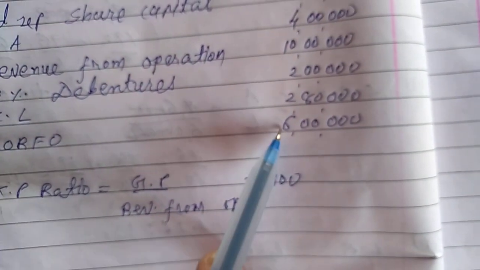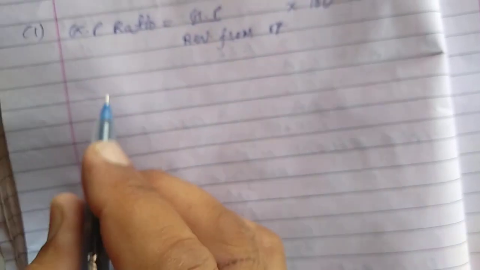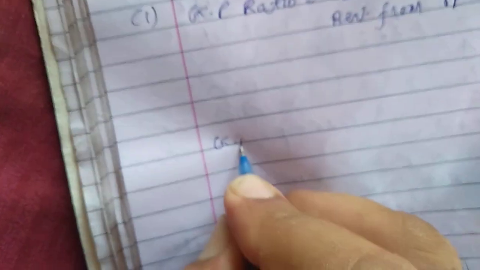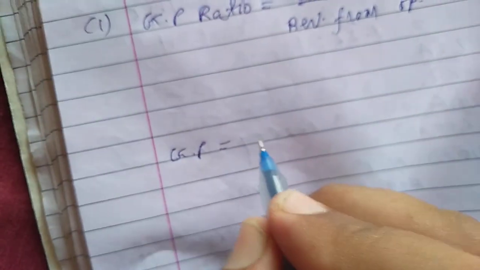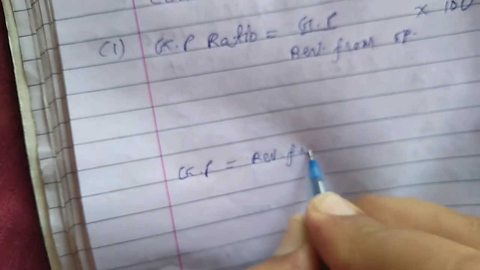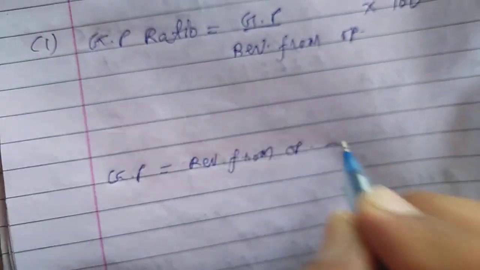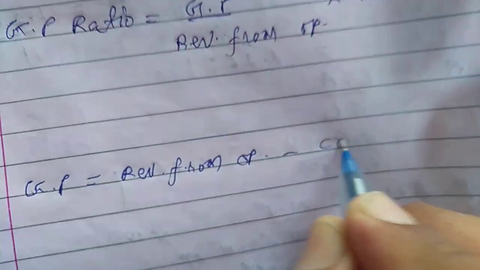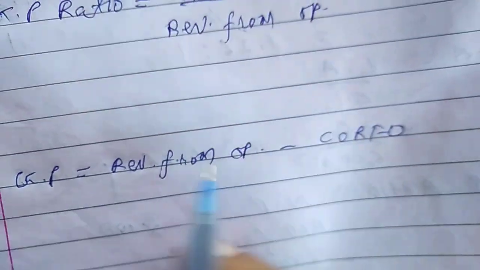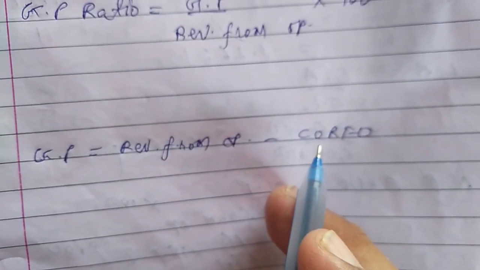So 10 lakh minus 6 lakh, so 4 lakh is gross profit. So here I calculate gross profit. GP is equal to sales, meaning revenue from operation, minus cost of revenue from operation, meaning sales minus cost of goods sold.